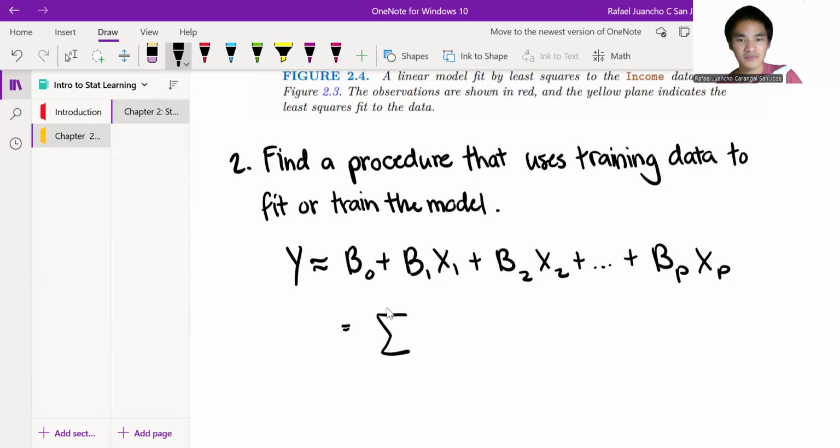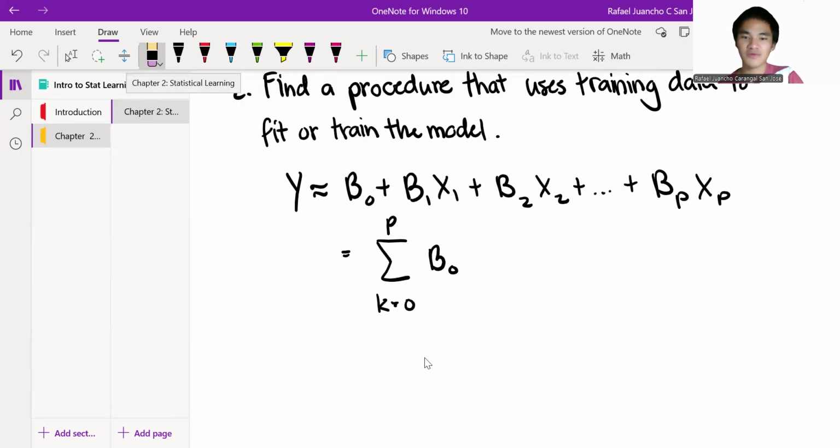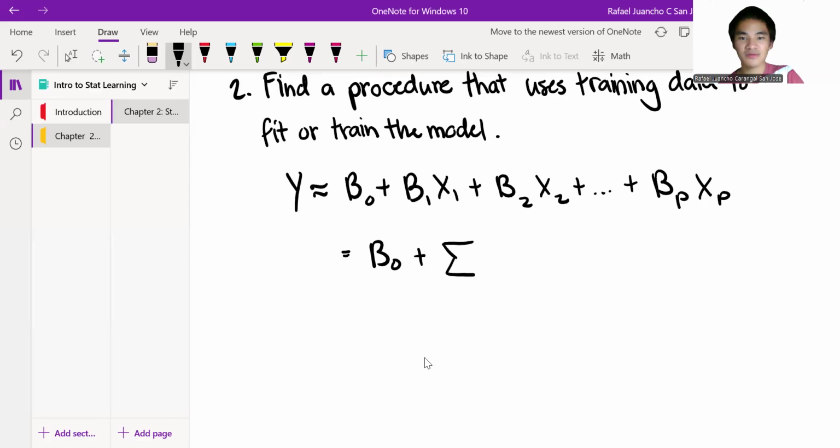This goes from some K equals 0 all the way to P. Actually, we can put an X naught, so we can do a summation. This would be B naught plus.